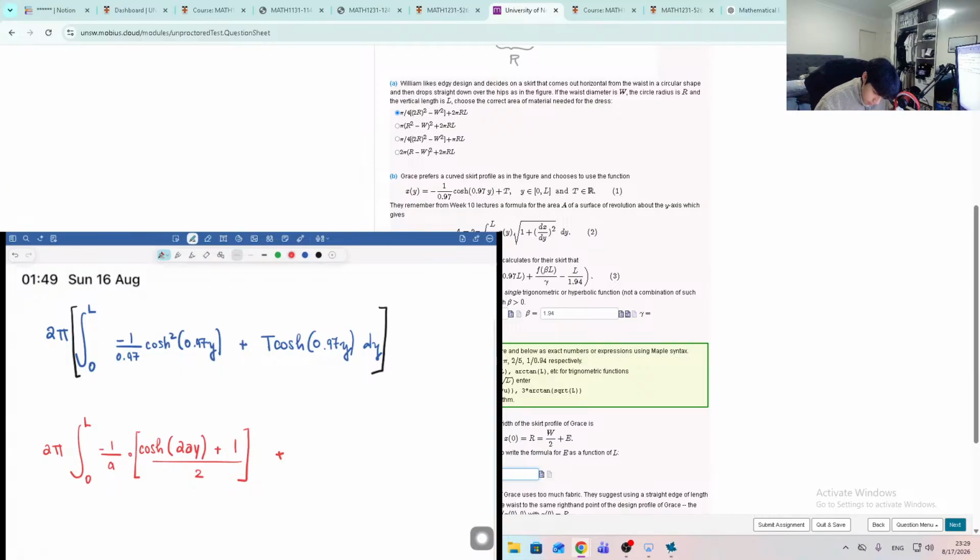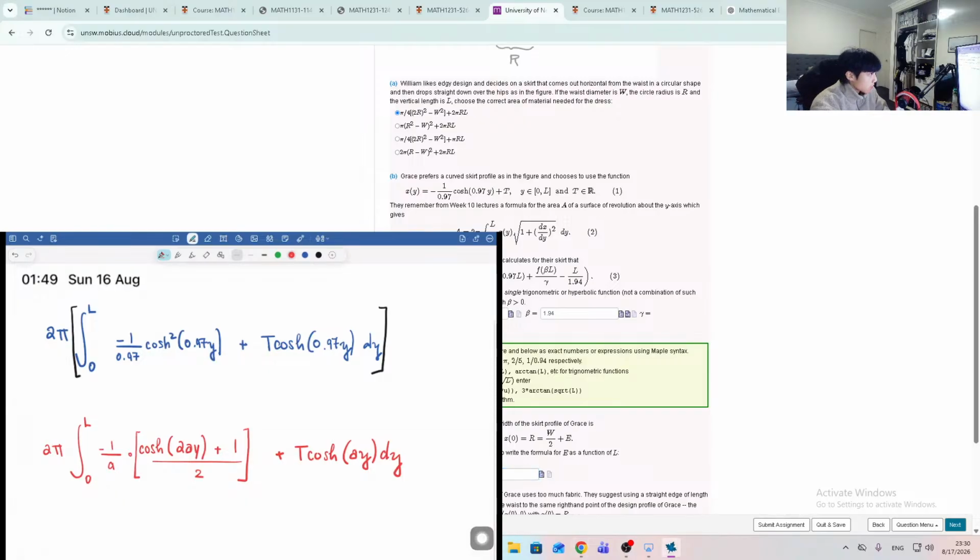Plus t cos ay. If we integrate like this, it could possibly work.